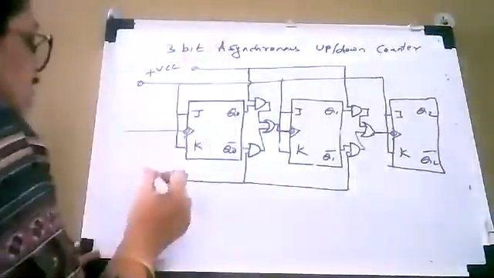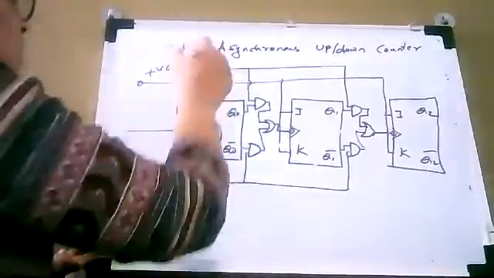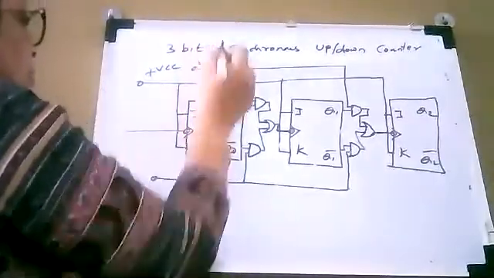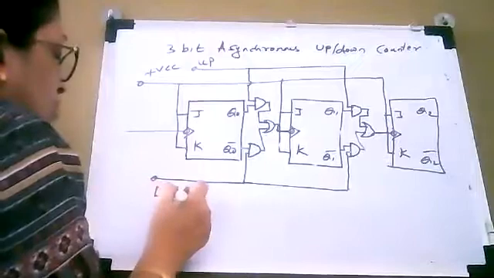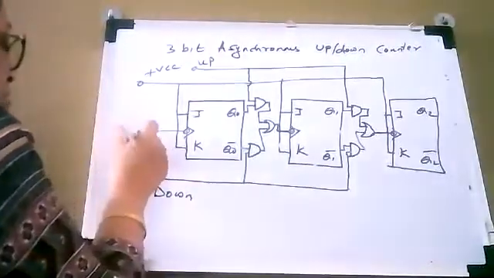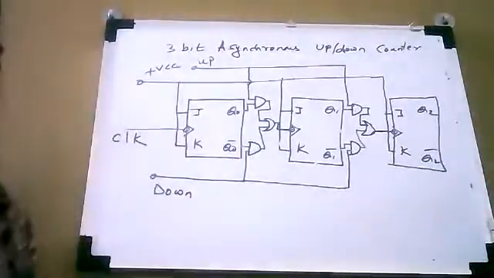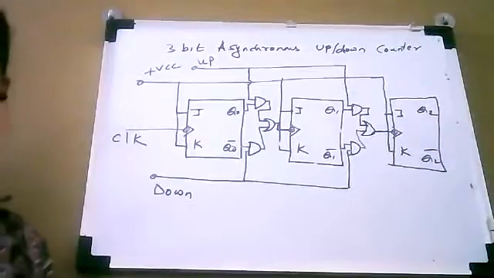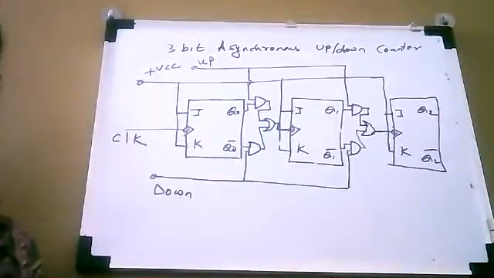Okay, so here this is the up control line and this is the down control line, and this is the clock. This is what your circuit is.